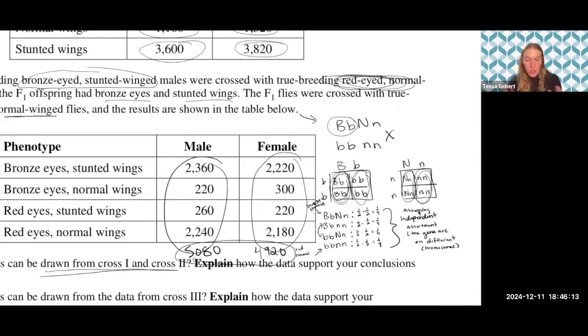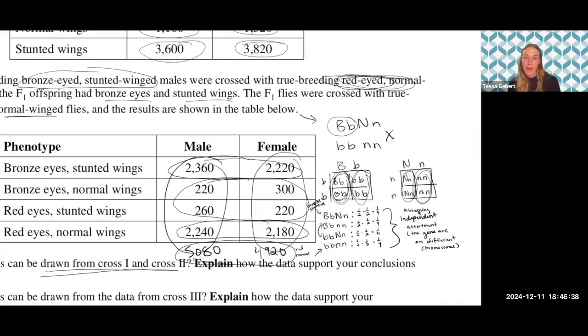Okay, so looking at the ratios, I don't see a match here. I see significantly more bronze eyes and stunted wings and red eyes and normal wings, and only a few that are bronze eye normal wings or red eye stunted wings.